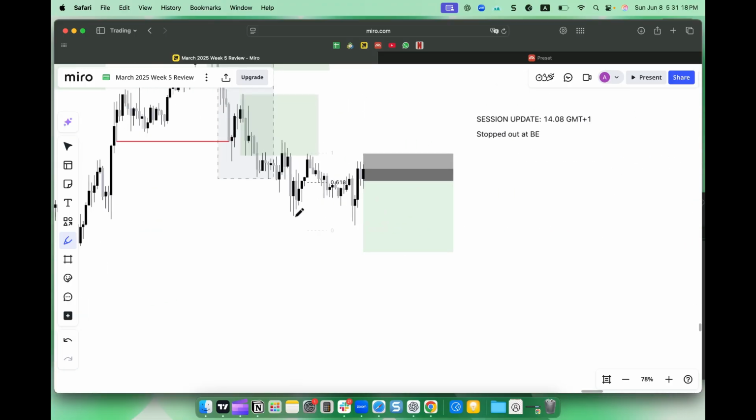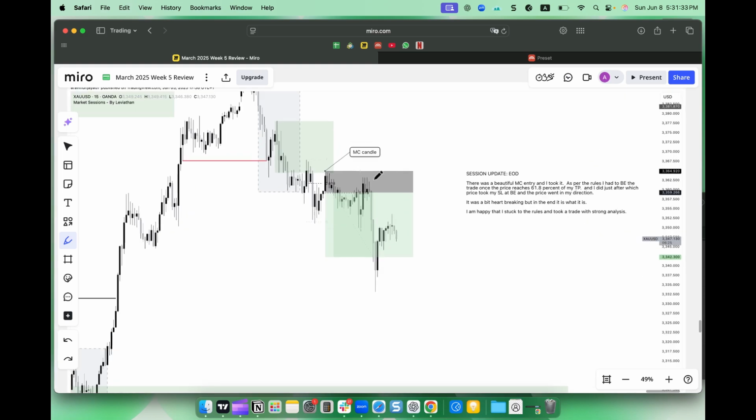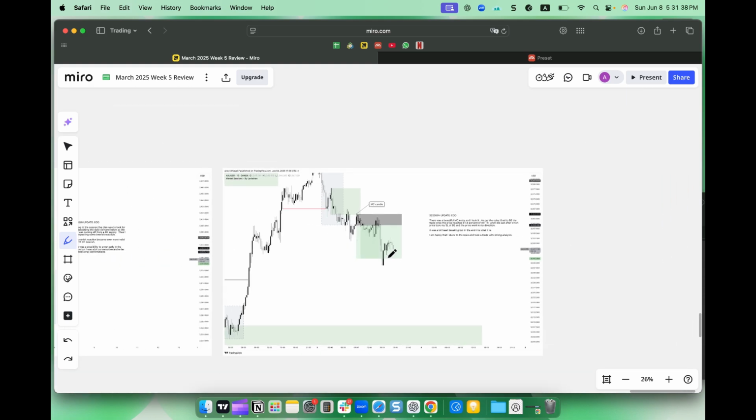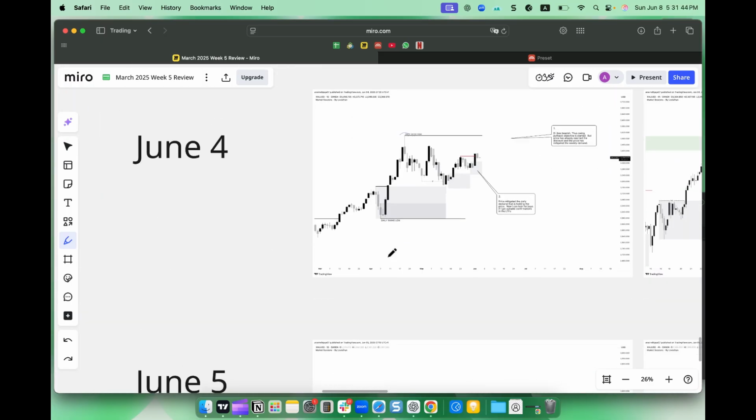But once the price took this sell side liquidity, it came down with urgency and took out my stops at break even. And at the end of the day, the price actually came down and hit my target. So it is what it is. It's a bit cruel, but that's what trading is.